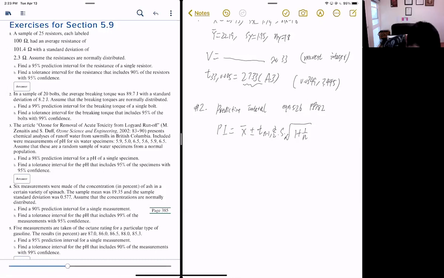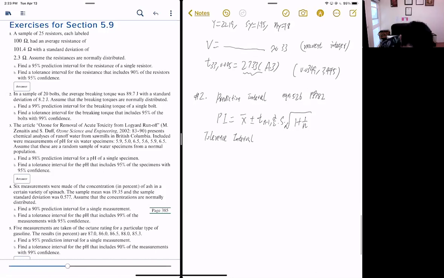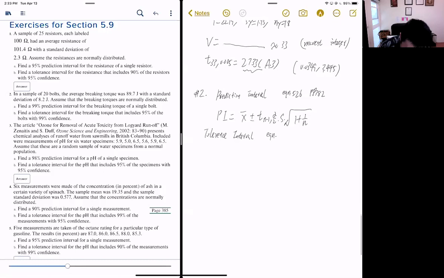For tolerance interval, okay, so that is equation 5.29 on page 384. Okay, so I tell you the details of this, so you can copy the equation and also its condition onto a sheet of paper, so you can use them in hand during the exam.